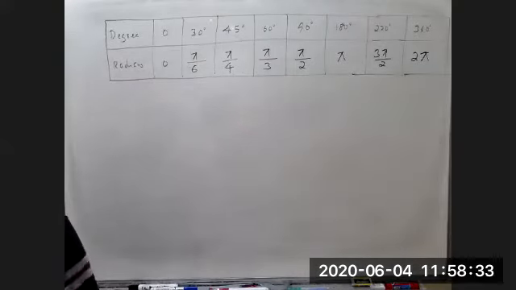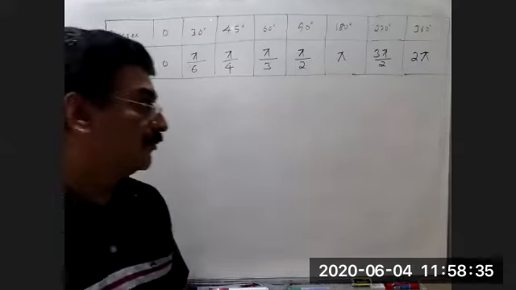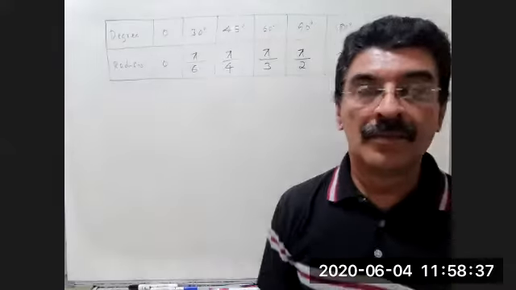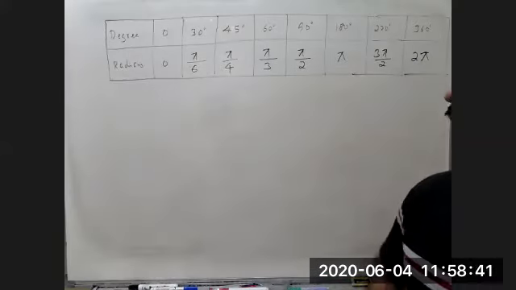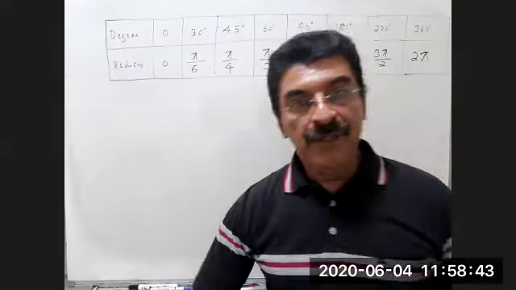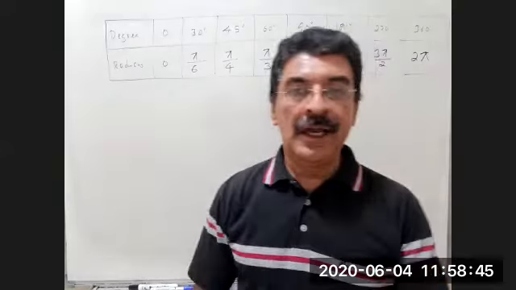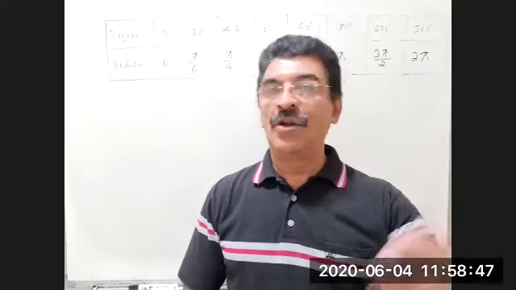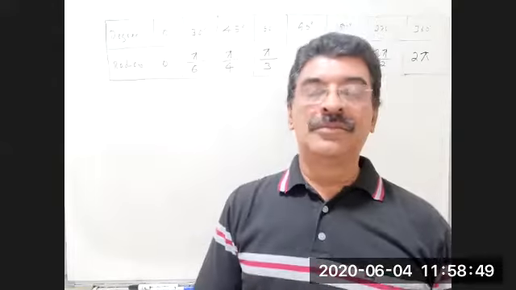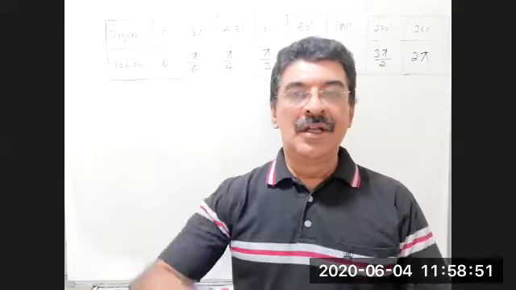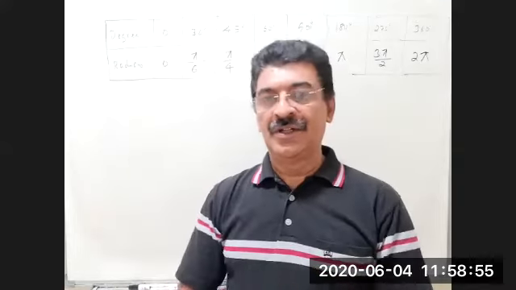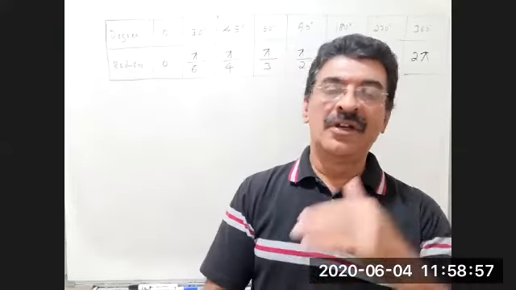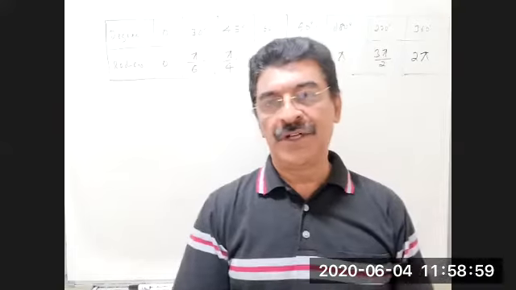I hope you are good. So this year, whether you say this in degree measure or radian measure, no problem. In the question, if it is asked in degree measure, write the answer in degree measure. If it is written in radian, write radian measure.